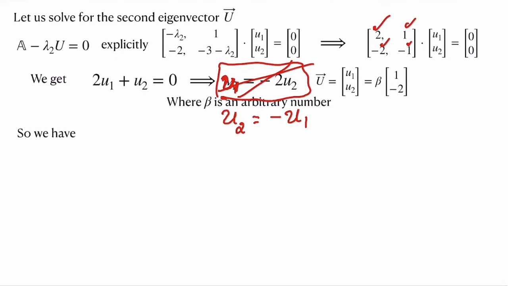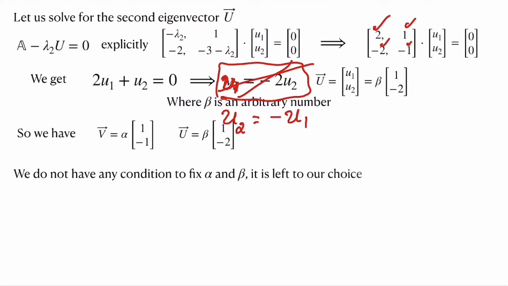Now we have solved for the eigenvectors: V is equal to alpha into 1, minus 1, and U is equal to beta into 1, minus 2. So we don't have any condition for alpha and beta, so it is left to our choice. We can choose whatever number we want to.